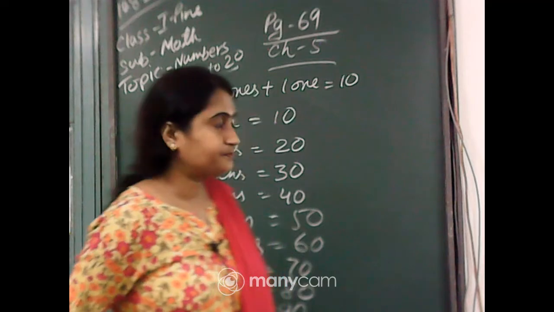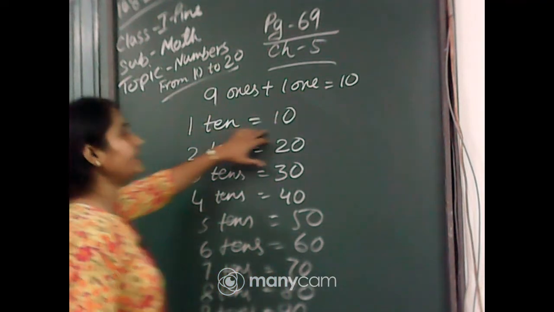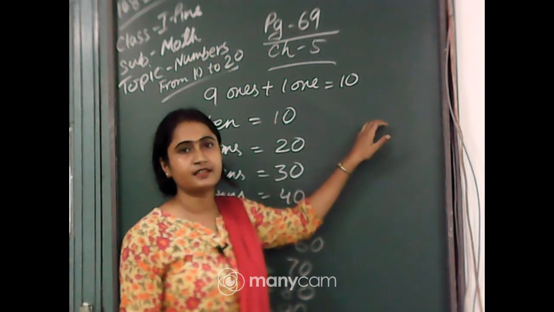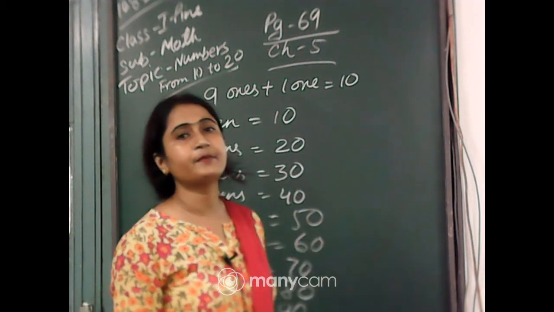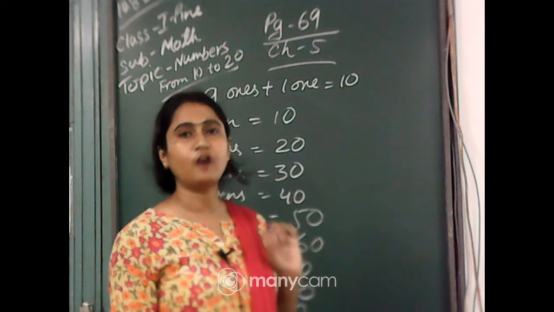And let's see 1 ten and 3 ones. The number will be 13. If I give 1 ten and 1 one, 11.